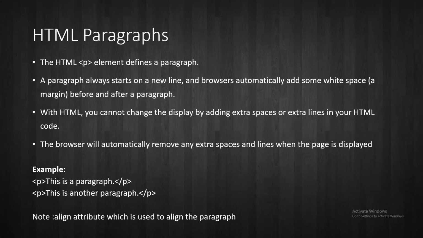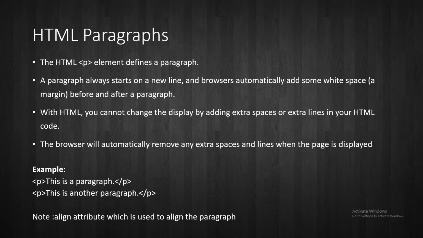With HTML, you cannot change the display by adding extra spaces or extra lines in your HTML code. If you give extra spaces in the middle of a paragraph, all those extra spaces will be treated as a single space. If you give extra lines in the middle of a paragraph, all those extra lines will be treated as a single line.